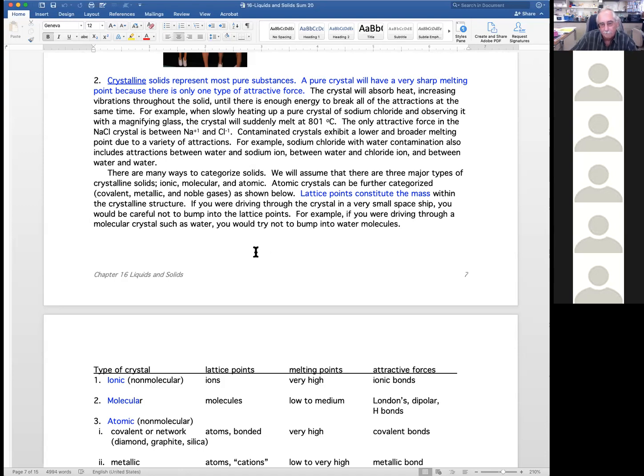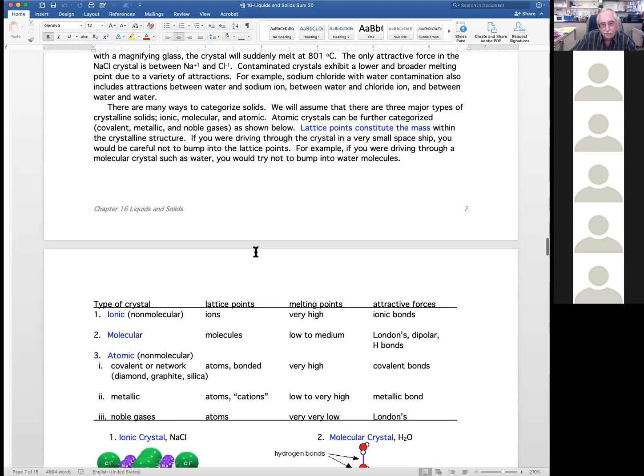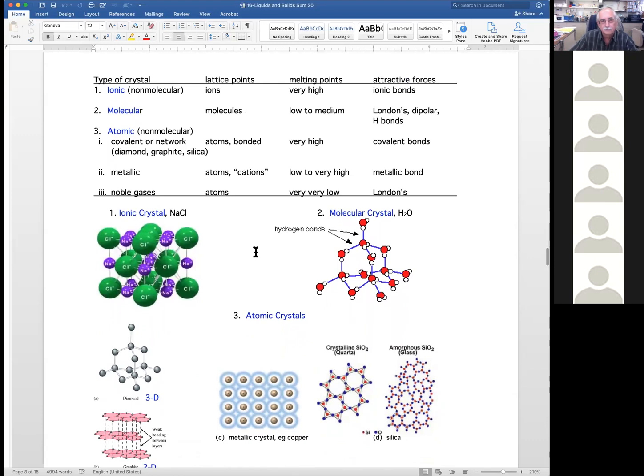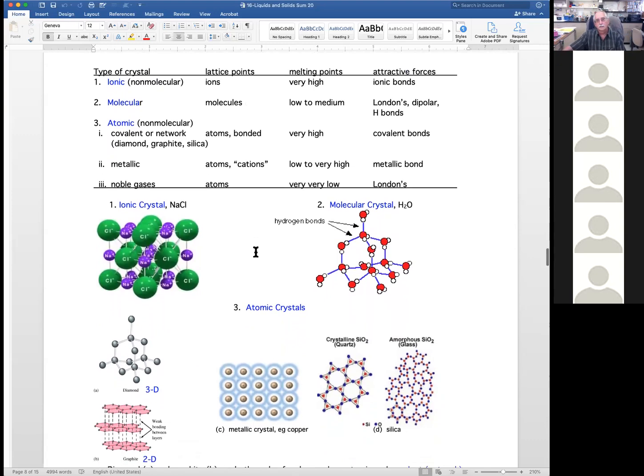So anyway, the way we describe crystalline solids is by the type of lattice point. Students have a hard time with this: what is a lattice point? Well, let's look at an ionic crystal. Here's sodium chloride. What if I'm in a little tiny spaceship and I'm trying to drive through this crystal of sodium chloride?